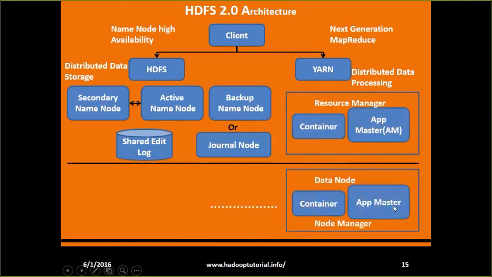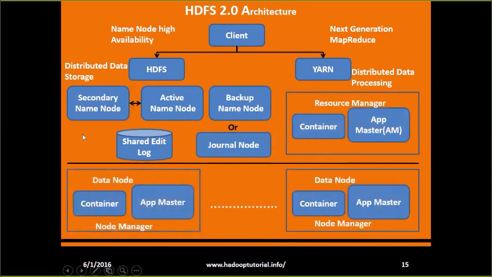Okay, I'm not talking about this right side part for now. And you will have data nodes as the slaves part. So these are the components that you might come across in your Hadoop 2.0 architecture: name node, secondary name node, journal node, and data nodes.